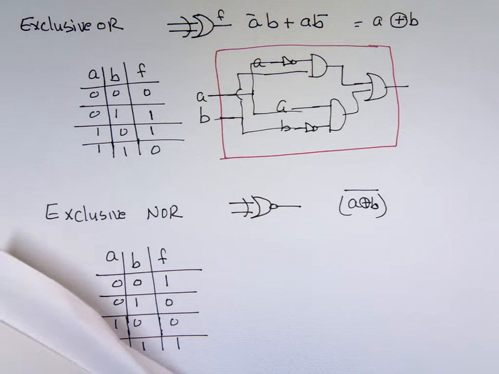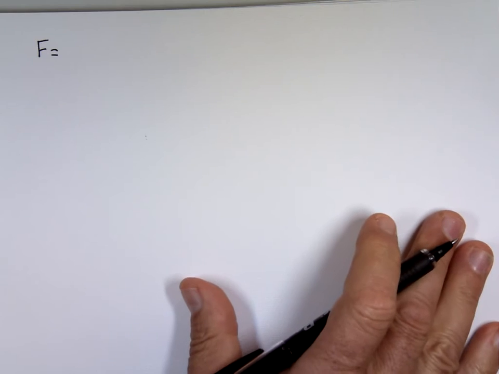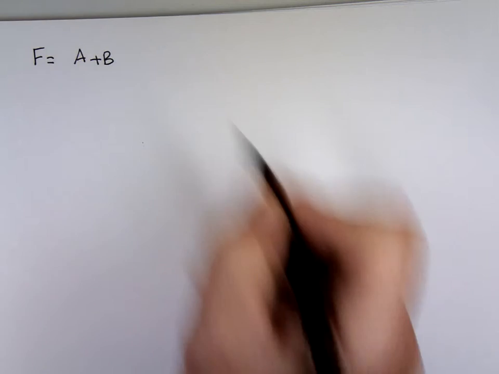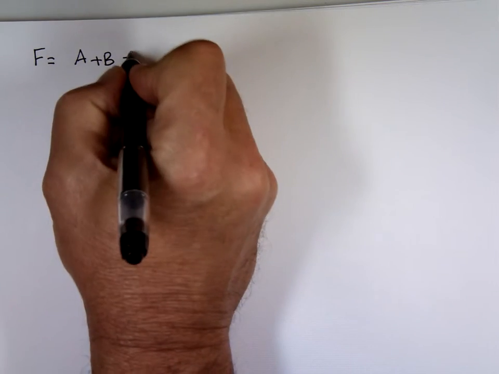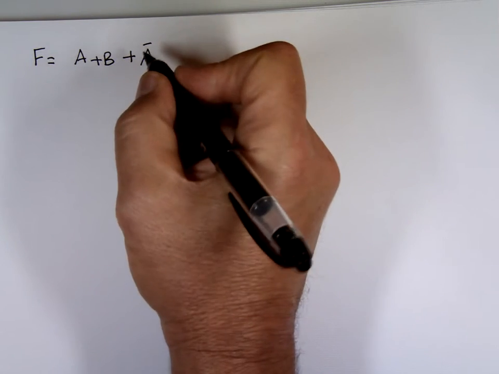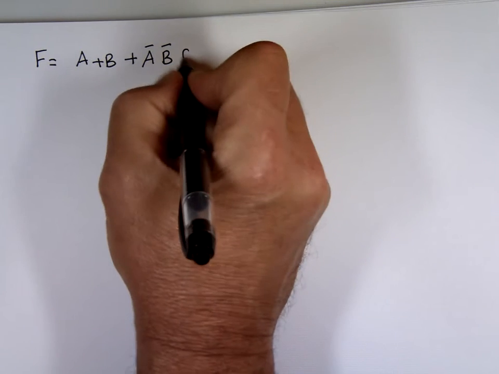Here's my question. F equals A plus B plus A bar, B bar, C bar, and D.